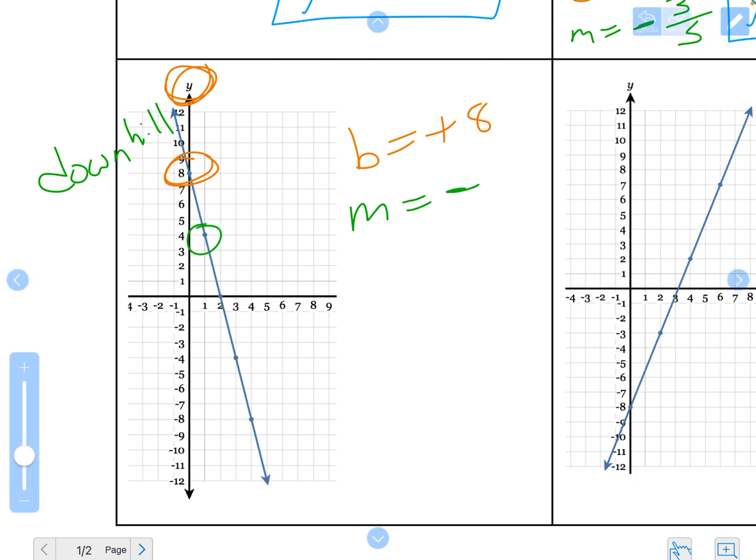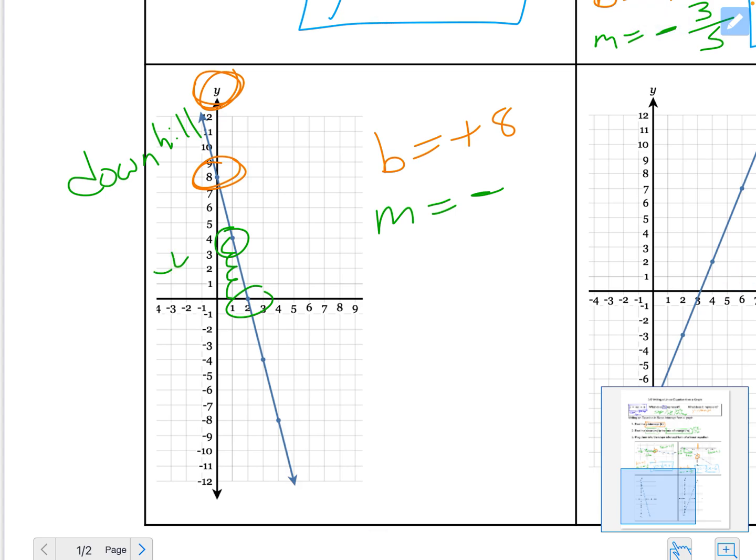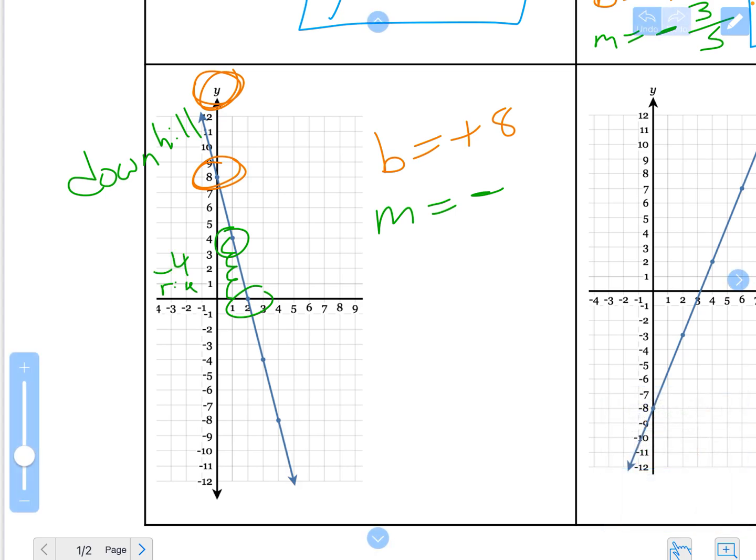I've got 2 points that I can count. Down 1, 2, 3, 4. So -4 is my rise. And then 1 is my run. So my slope is -4/1, and I can simply write that as -4 because I know that -4/1 is a whole number.